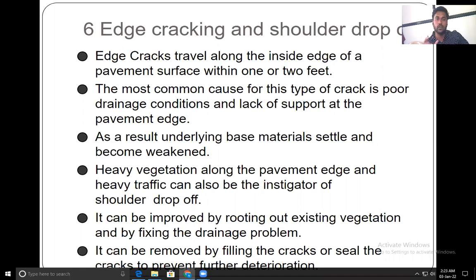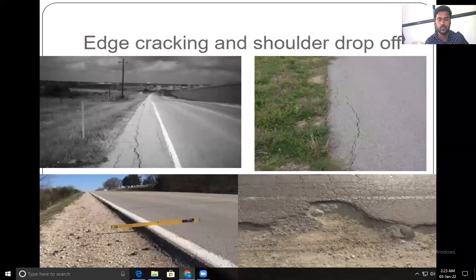To avoid that, when an edge crack is observed, immediately we have to go for filling that crack with sealants. Then the future shoulder drop off problems will not occur. You can see in the figure edge cracking, shoulder drop off.